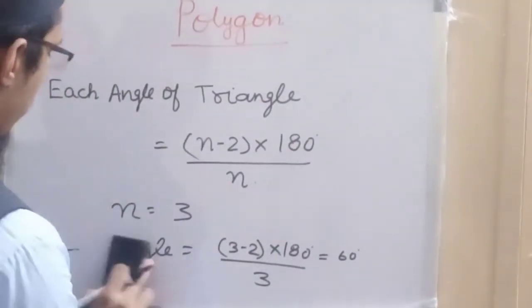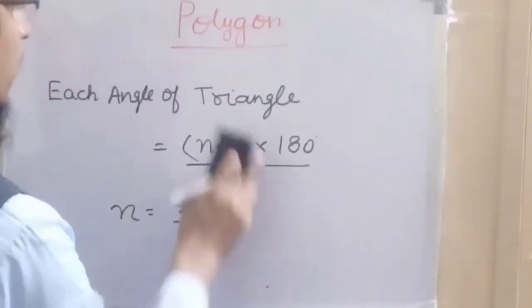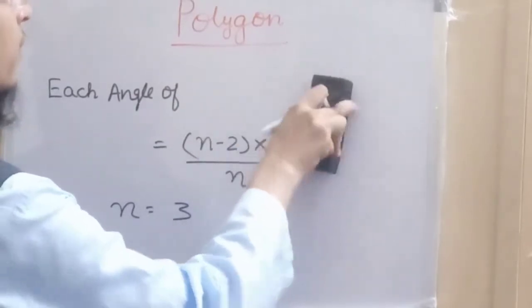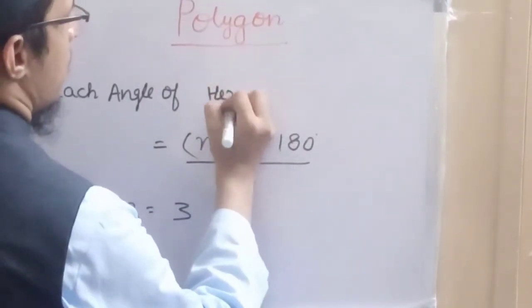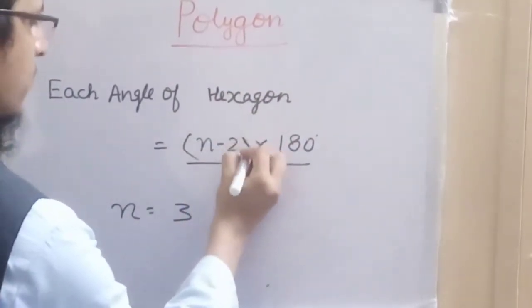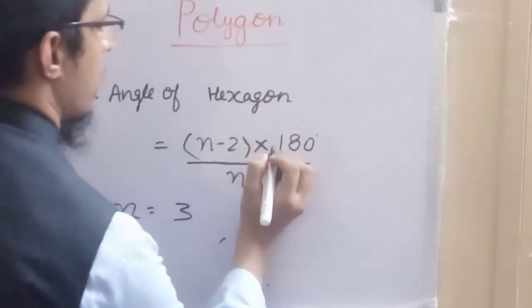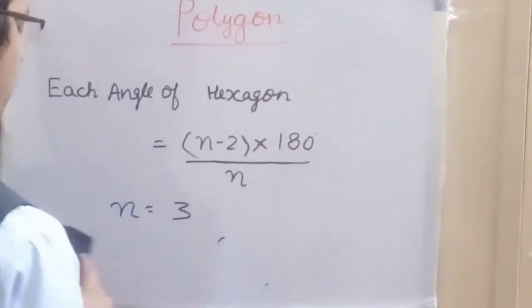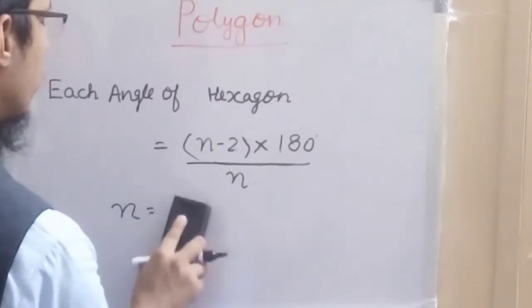Similarly, if we want to find it for a regular hexagon, then n, the number of sides, is 6.